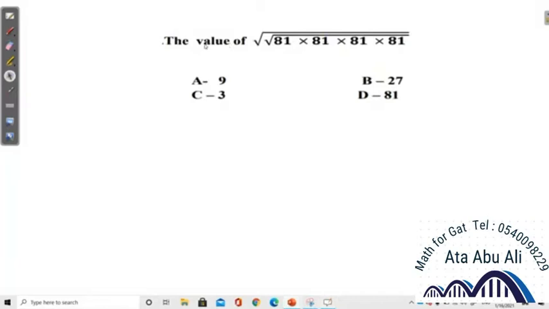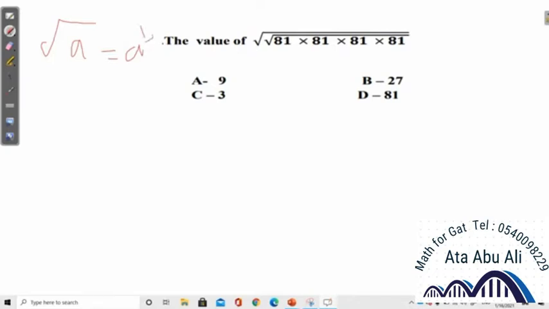Look into this question. We start with roots now. The value of the square root of the square root of 81 times 81 times 81 times 81. All of you know that the square root of any number a is equal to a to the power of 1 over 2.